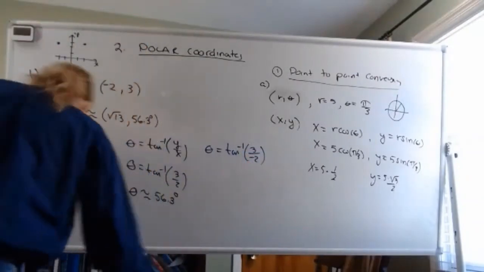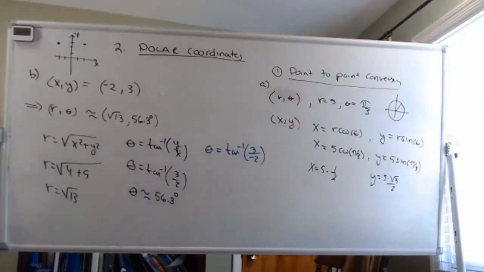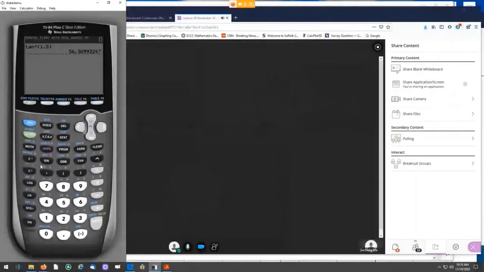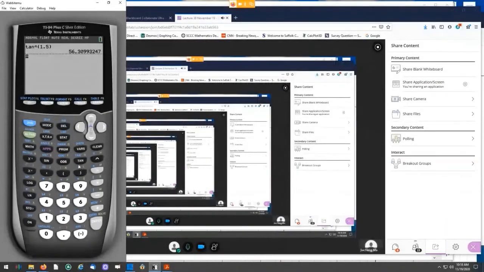So let's do the same thing and see what we get using our calculator again. So now I'm going to take the arctangent, but now I'm going to put the negative of 1.5. And what will the arctangent do?